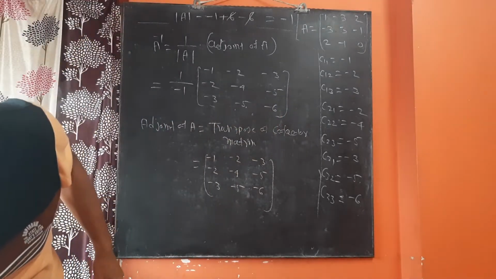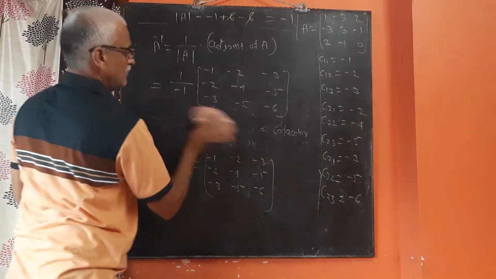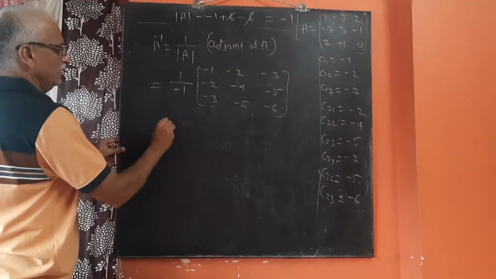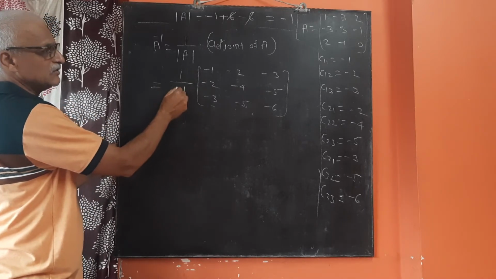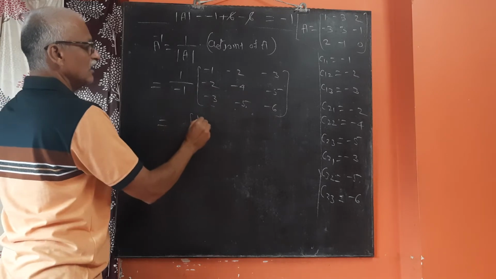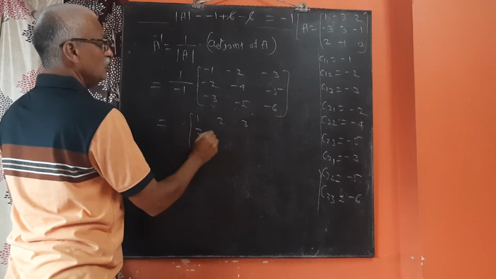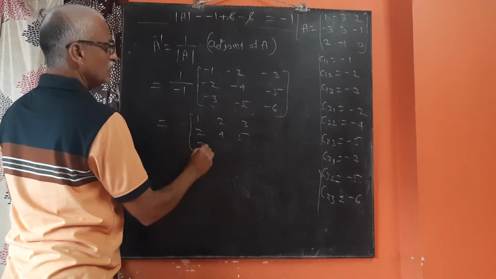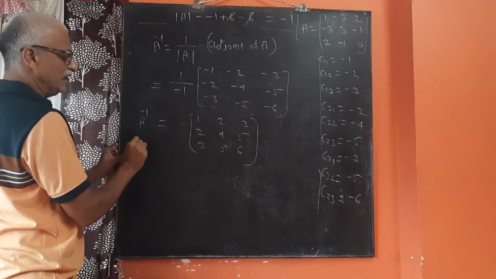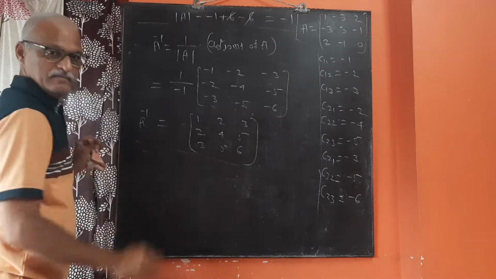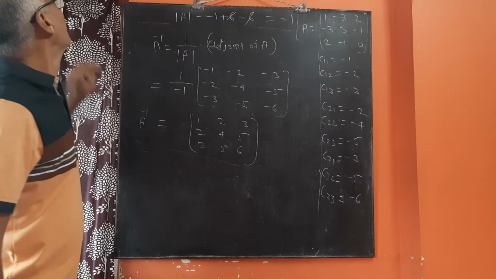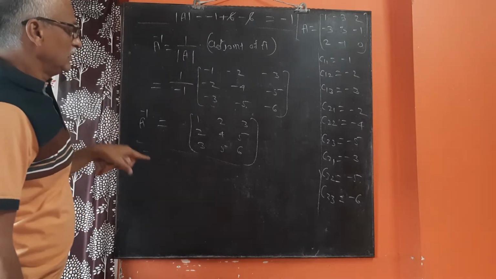If you simplify it, 1 upon minus 1 is minus 1, and taking that minus sign inside, this will be 1, 2, 3, 2, 4, 5, 3, 5, and 6. This is the value of A inverse of the given matrix A. So that is our first problem.